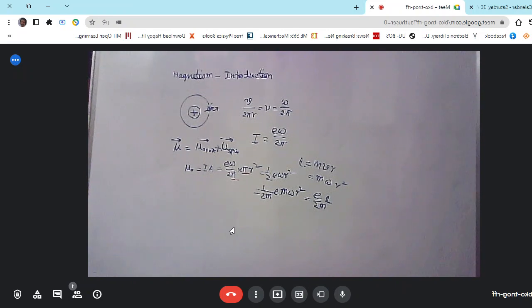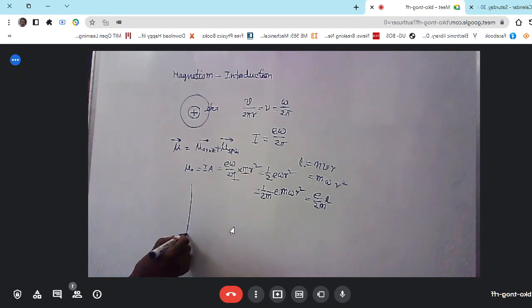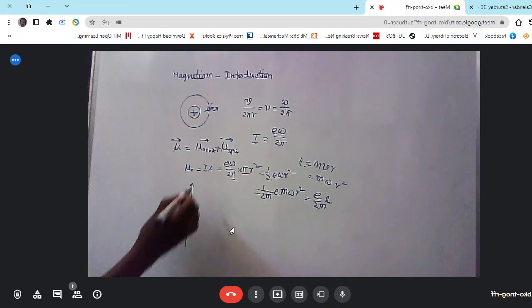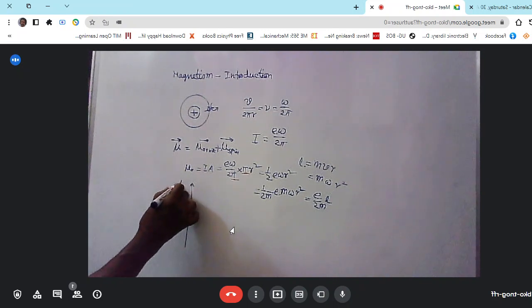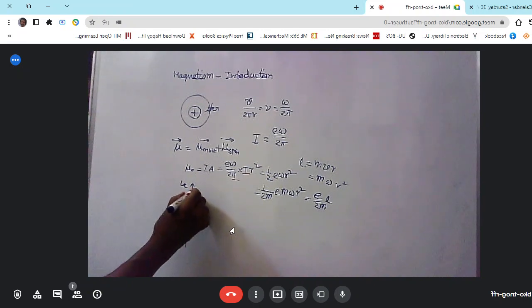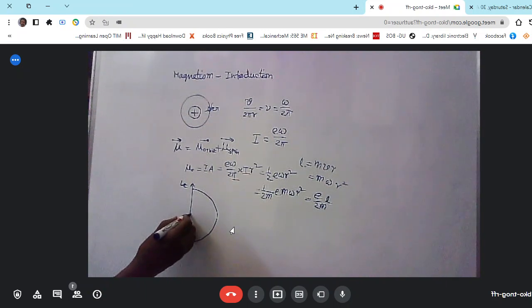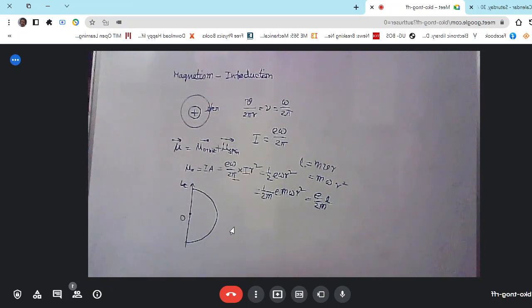You know the famous diagram for L. This is the Lz axis, and we have this origin O.